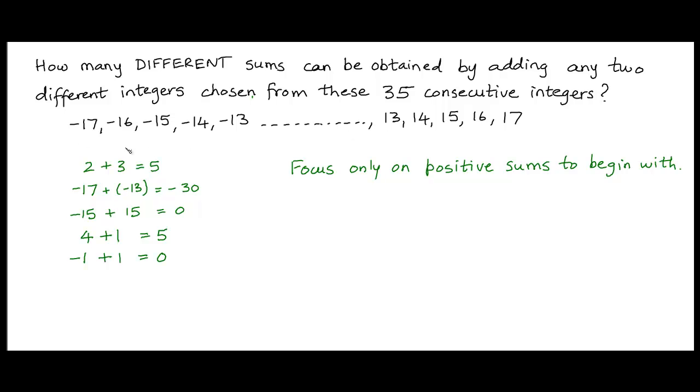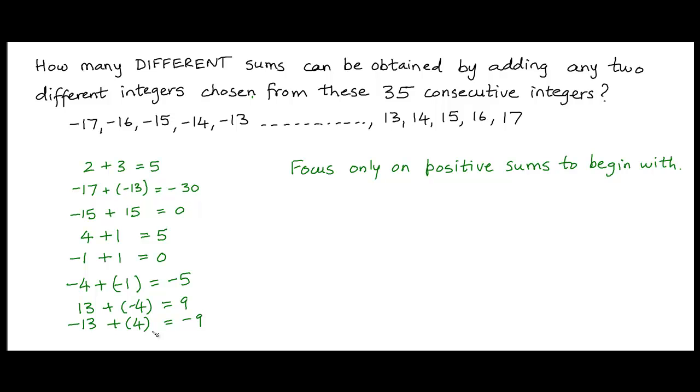It is important to keep an eye out for symmetry in problems. So if I can add 4 and 1 to produce 5, I can also add -4 and -1 and produce -5. If I can add 13 and -4 to get 9, then I can also add -13 and 4 to get -9.